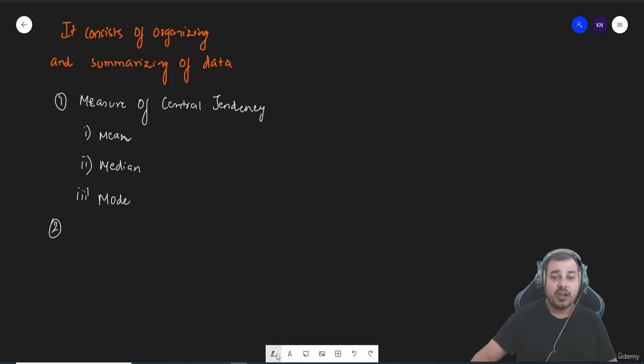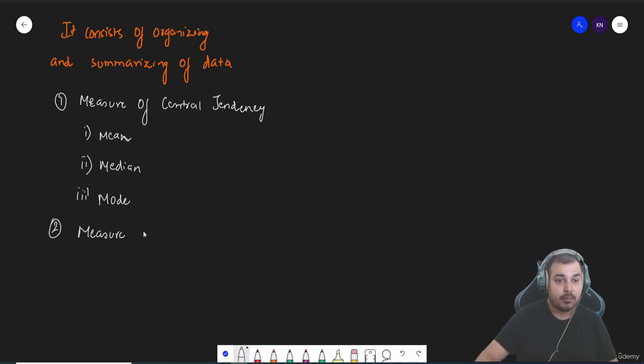There is also a technique which is called measure of dispersion. And here we specifically have techniques like variance. The second technique that we usually have is something called standard deviation. We'll understand everything guys as we go ahead.